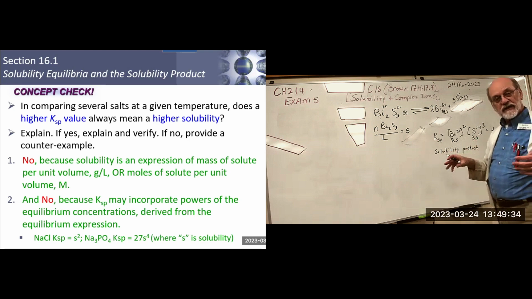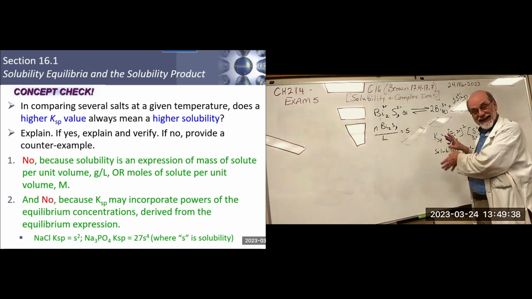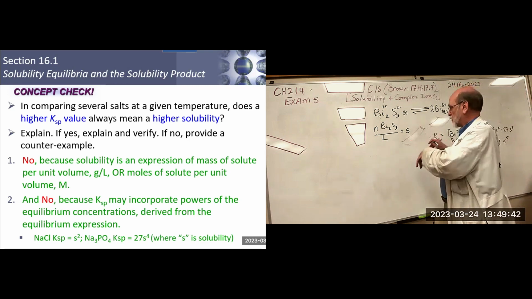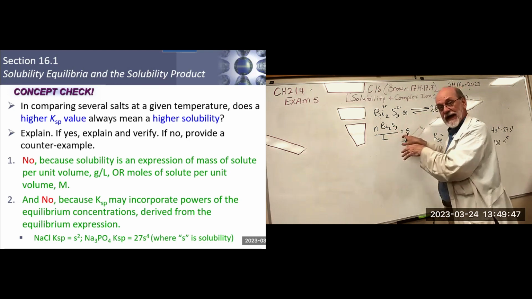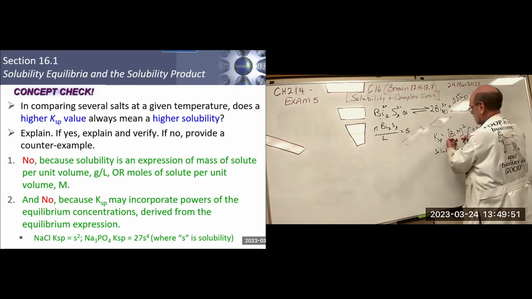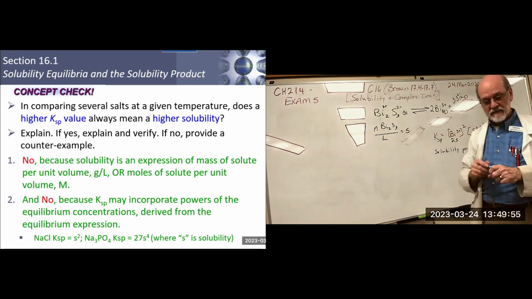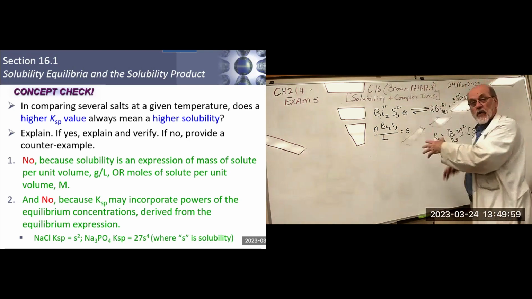So the solubility and the solubility product are related by this method, where if we say the solubility is so many moles per liter is equal to S, then this relationship says that this value would be 2S and this value would be 3S, and we calculate Ksp. So that relationship holds depending on the balanced equation.